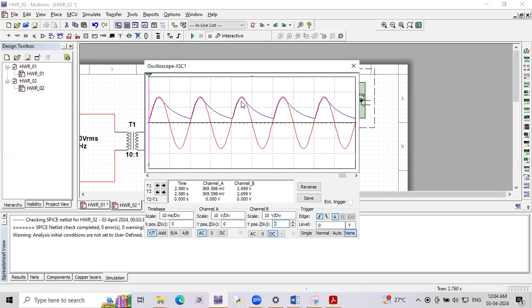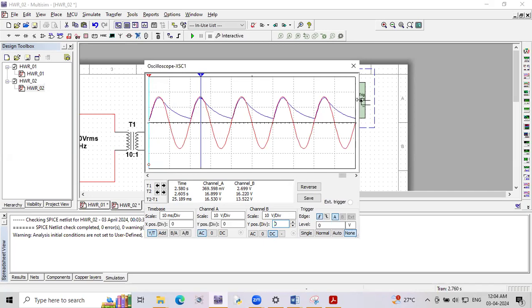Approximately 1.2 into 10, that is 12 volts. Otherwise, directly put it in the peak and get the value. That is the T2 value, which is 16.2. You can take 16.2 directly; manually or practically, both are the same.